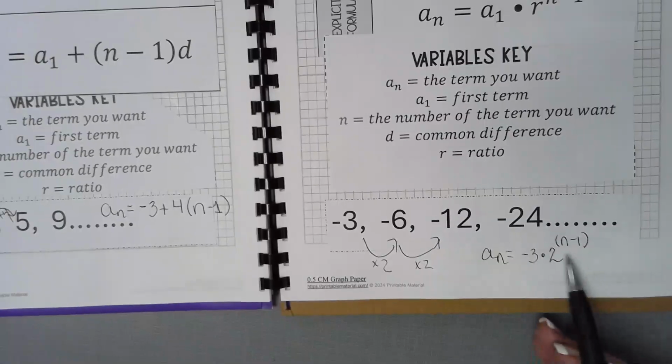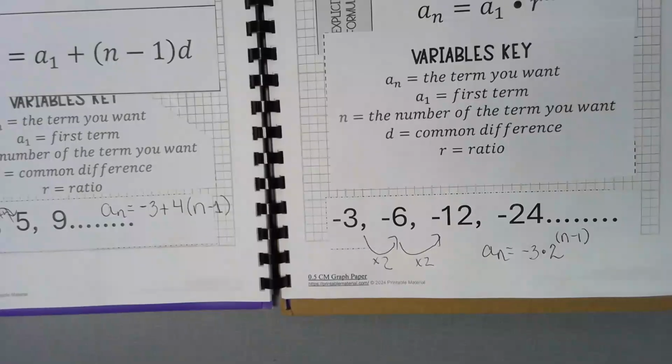You're going to write n minus 1 right there. No, I'm saying that when it starts giving you values for n to plug in, we'll go in the calculator and do that. Yes.